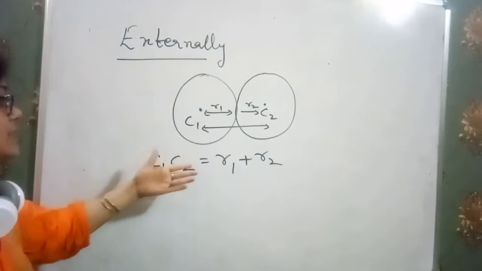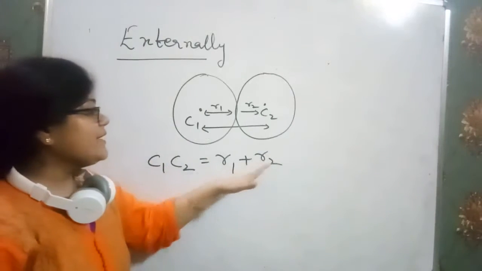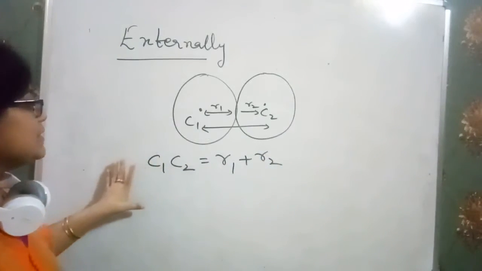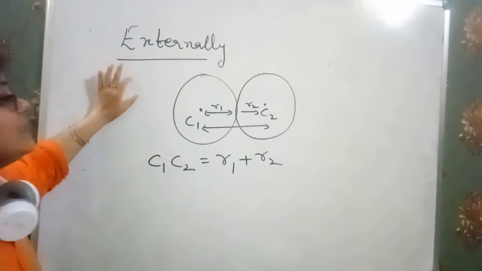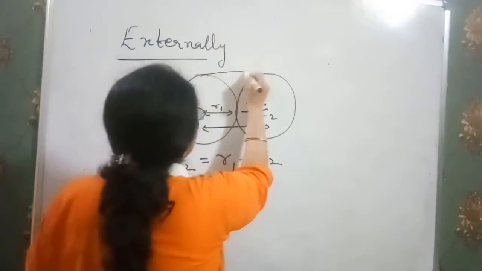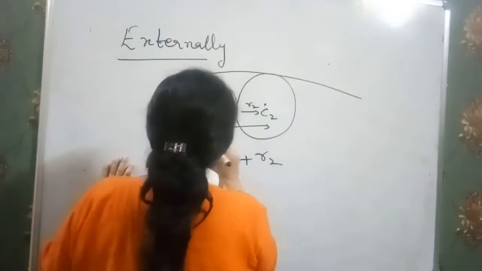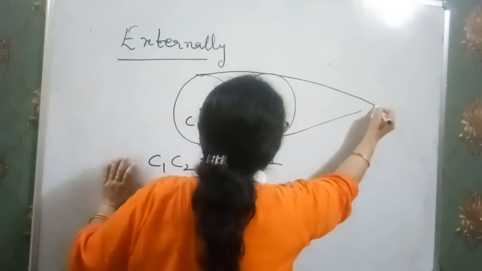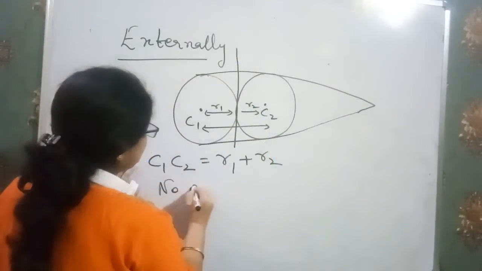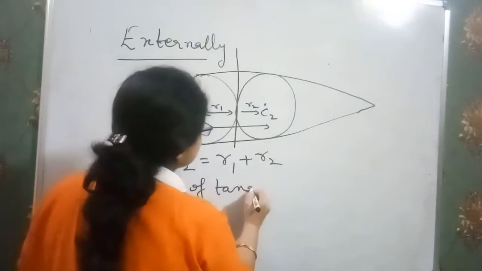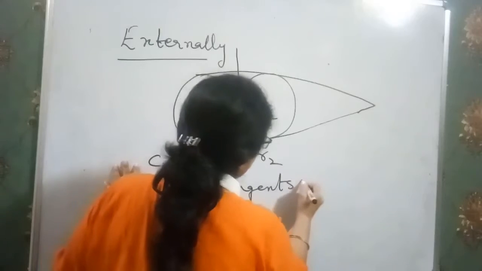When we add the radii of the two circles and it is equal to the distance between their centers, then the circles touch externally. And in this case, when we draw the tangents, we get 3 tangents: 1, 2 and 3. So the number of tangents in this case is 3.